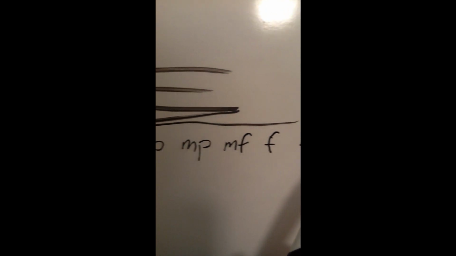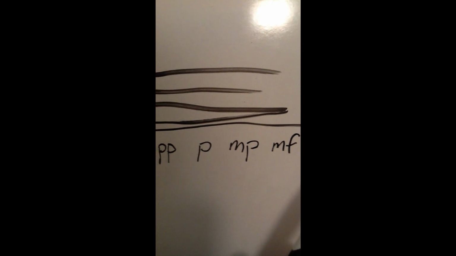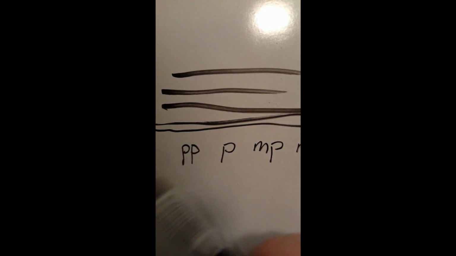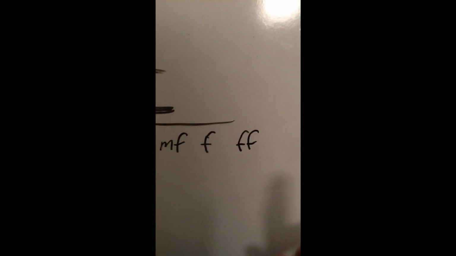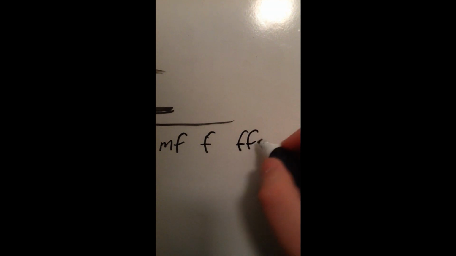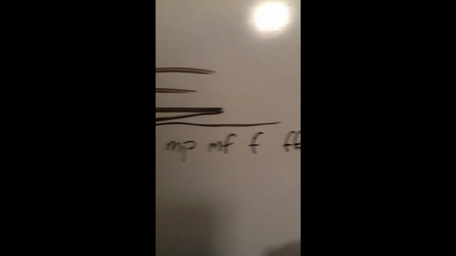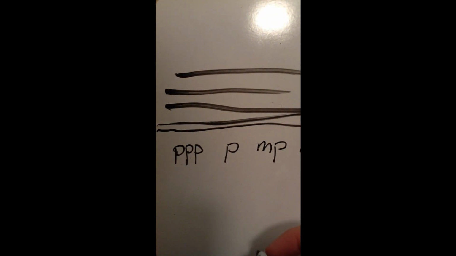And you can theoretically go infinitesimally in each direction by adding another P or adding another F. So you can go 3 Fs, and that is called fortississimo. Or if you add a third P, that's pianississimo.